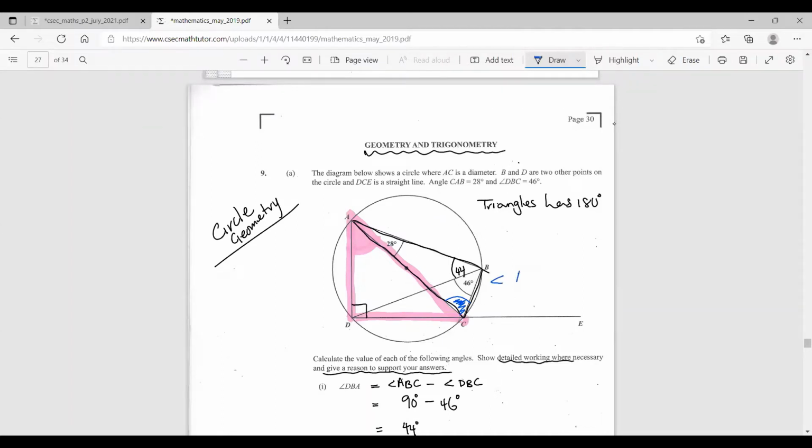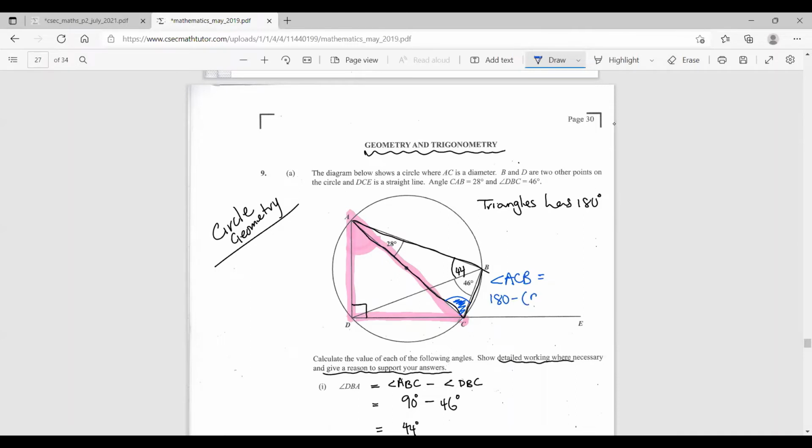Angle ACB or BCA, anyone? Who can tell me what is the size of angle ACB? Add up the 28, 46, and 44, and minus it from 180. Correct.